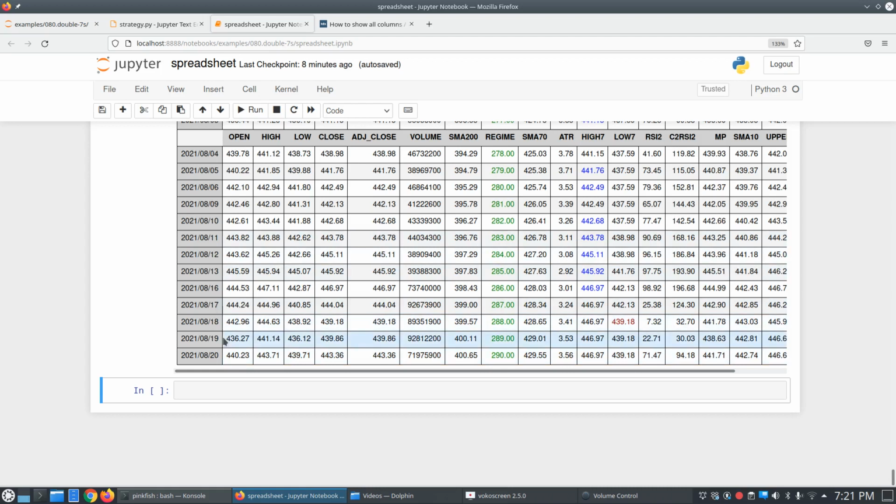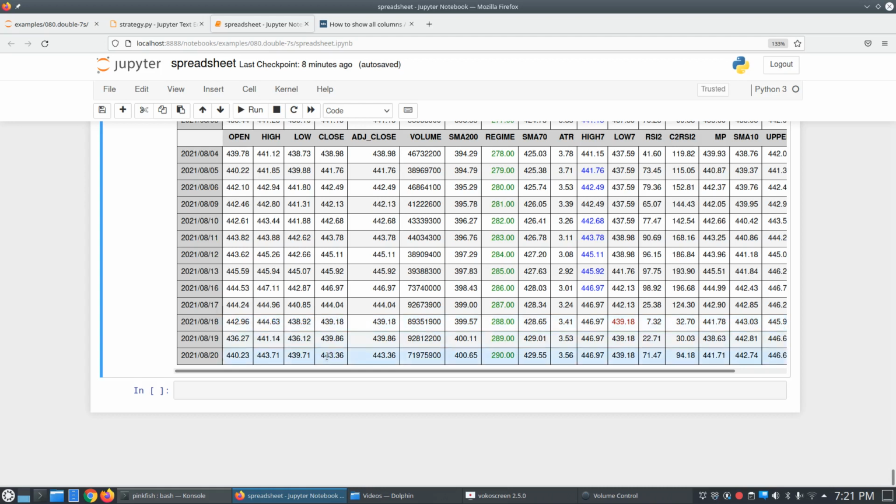We bought here at 439.18 or some amount close to that on the 18th, and now we're actually waiting to sell this position.